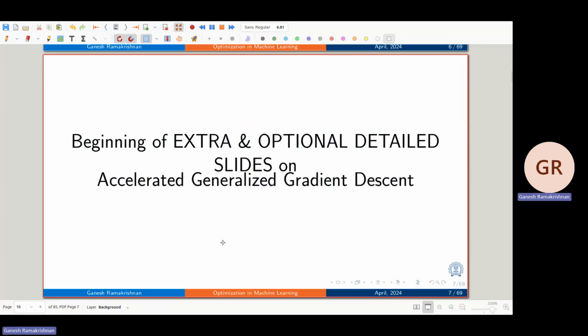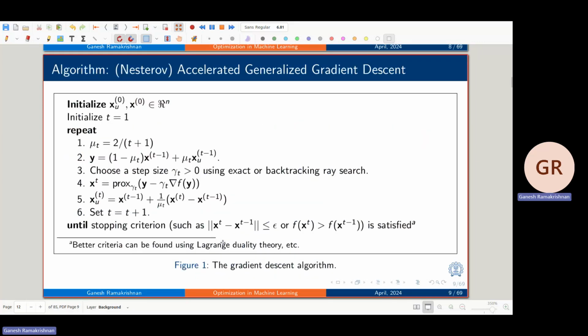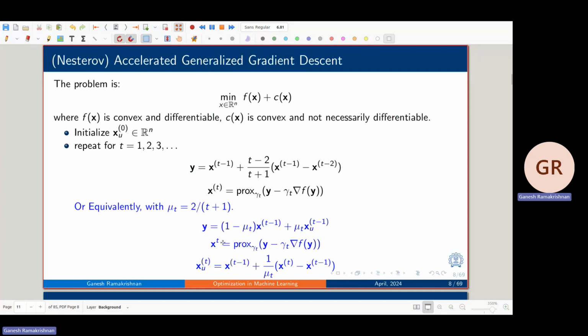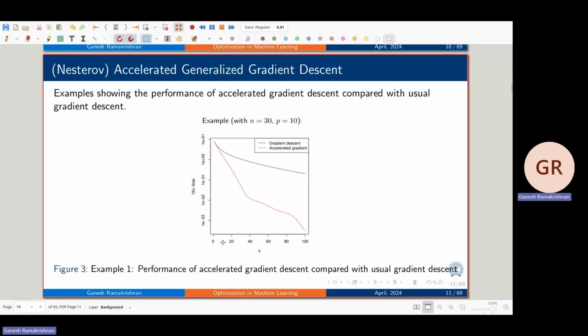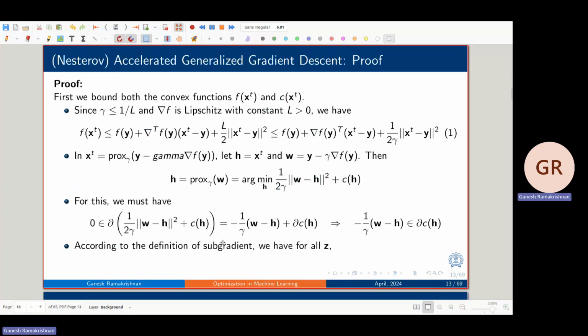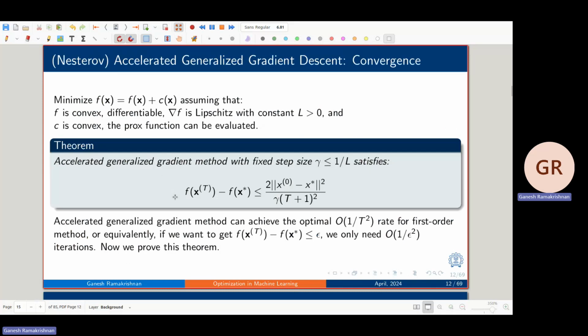What I have in these slides, if you really like proofs, is probably the most complex set of convergence proofs for accelerated generalized gradient descent. I won't get into the details. There's a lot of notation here, but I think this is the result. What I prove is this one, where I've assumed that the prox step can be computed exactly.